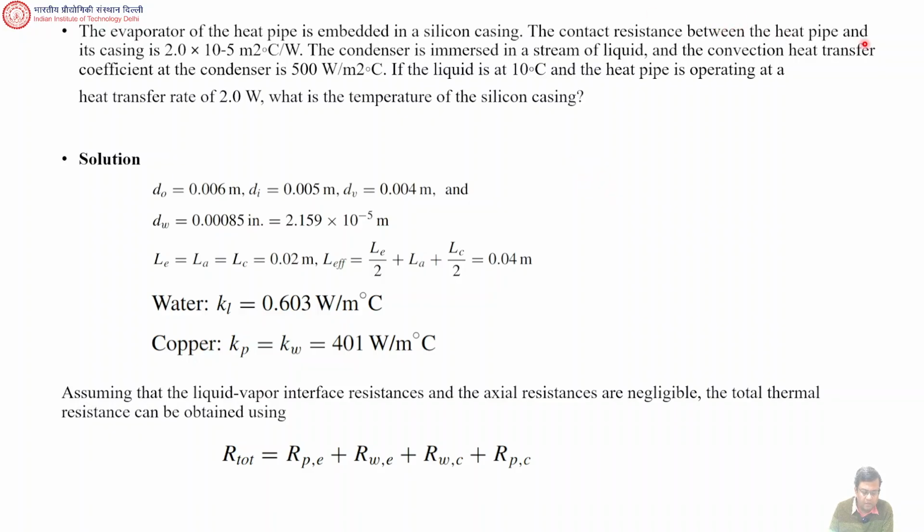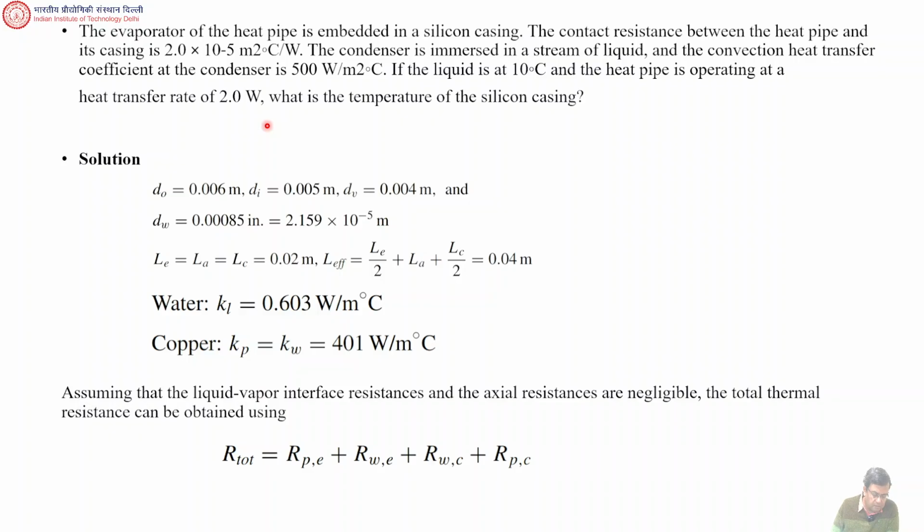Some contact resistance is given between the heat pipe and the casing. So there's a casing in which you're placing the heat pipe. The condenser is immersed in a stream of liquid, and there is a convection heat transfer coefficient for that. The liquid is at 10 degrees Celsius and the heat pipe is operating at a transfer rate of 2 watts. So what is the temperature of the silicon casing? We want to know the temperature of the silicon casing.